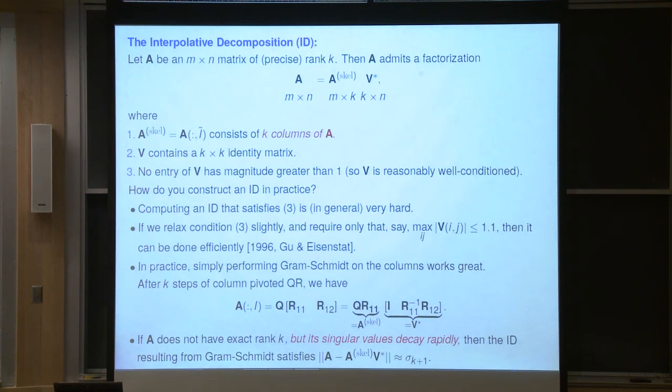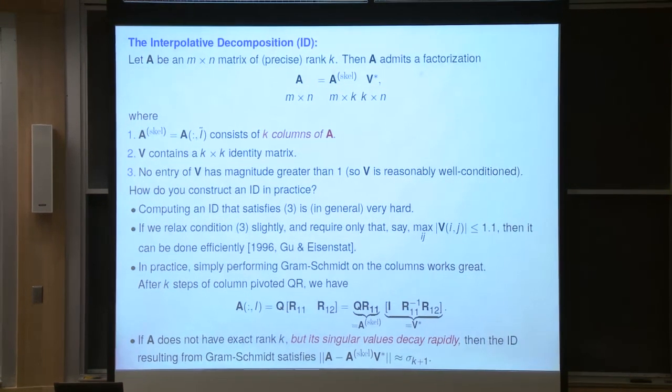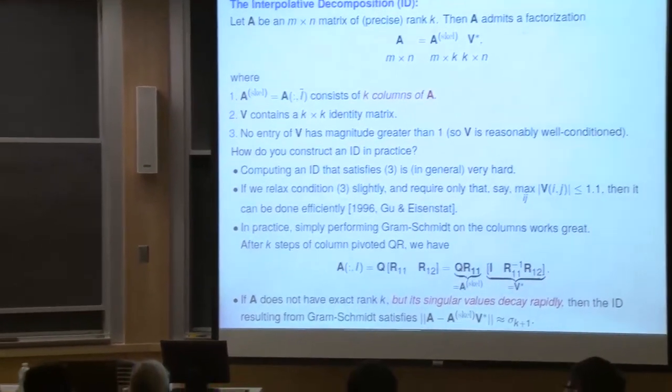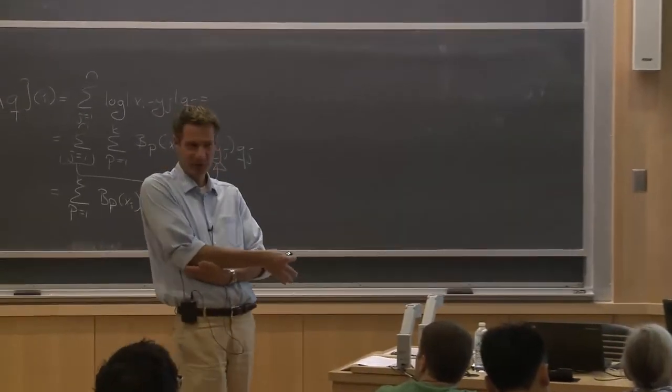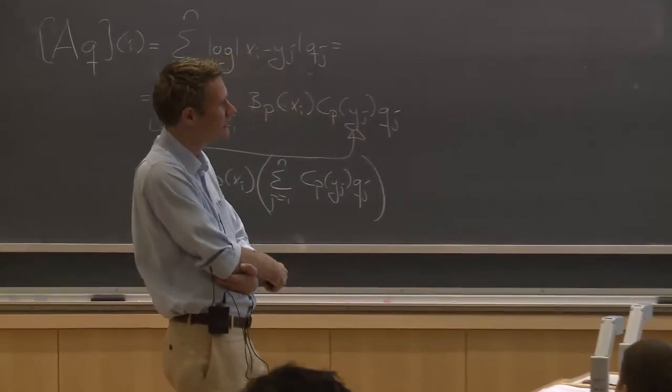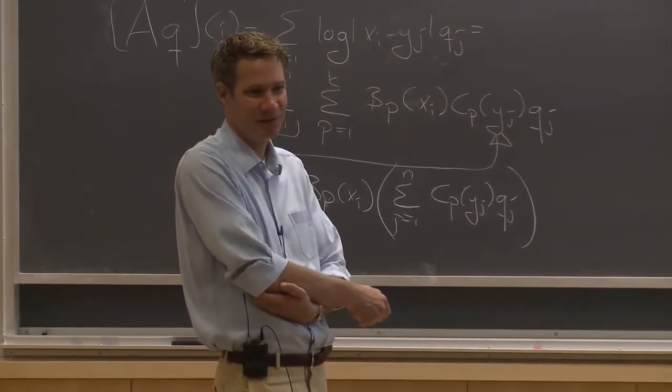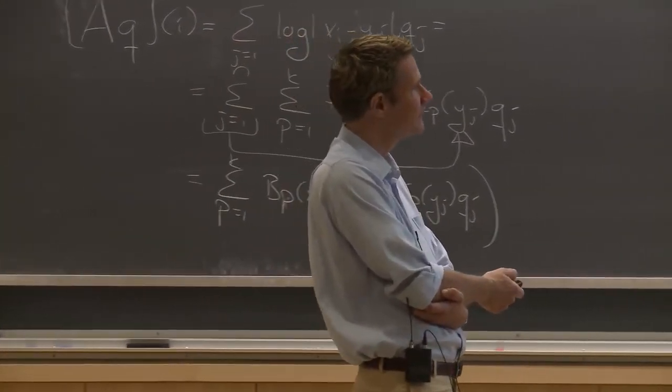So this is what I call an interpolative decomposition. It's very closely related to, in linear algebra, there's this concept of rank revealing QR factorizations, and the two concepts are very closely related. So our work in this area has really been, from a theoretical point of view, some minor observations on earlier work on rank revealing QR factorizations, but we're really using them in a fairly different way than what was done previously.